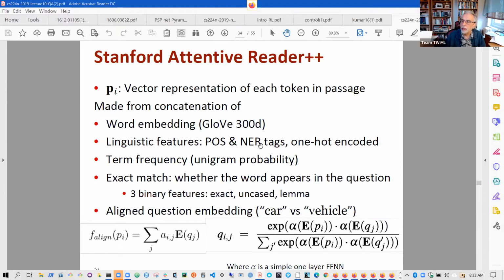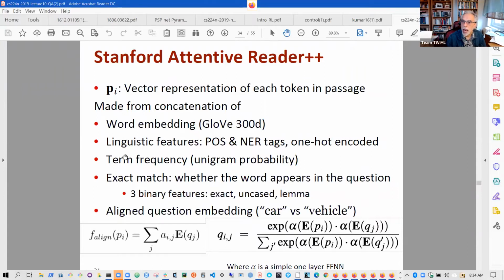That's a named entity. So they concatenate each of these onto the representation of the word. They start with the basic word embedding, then they tack on part of speech and named entity recognition, and then they tack on a term frequency, which is basically the unigram probability, the probability that this word occurs in all of Wikipedia.